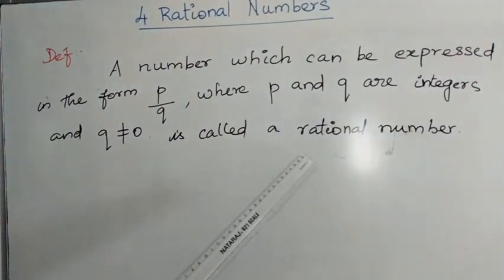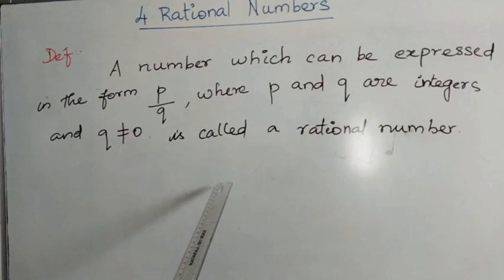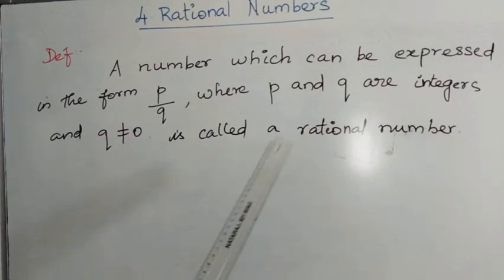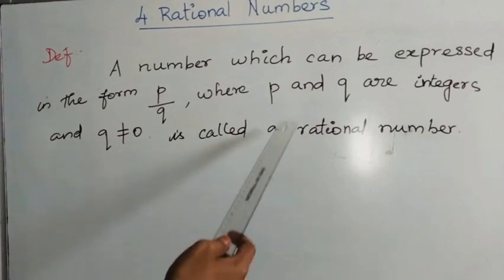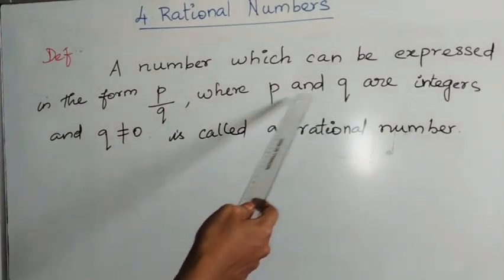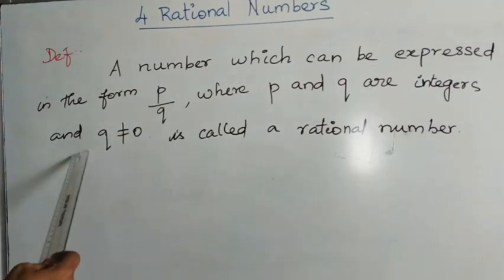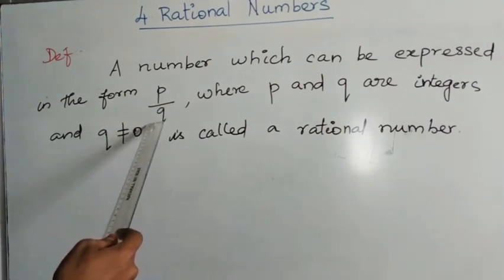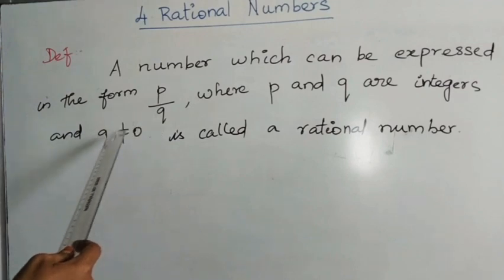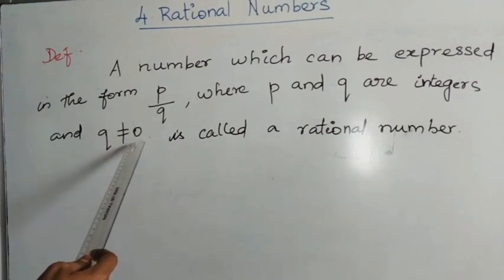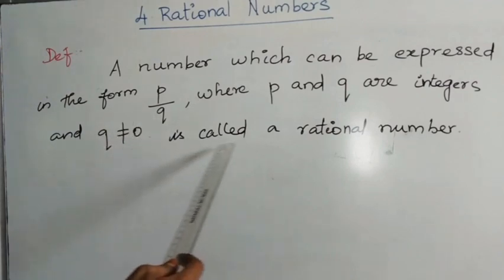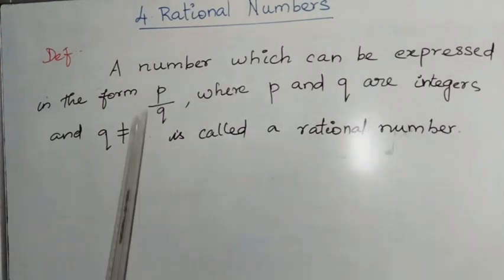What are integers? -2, -1, 0, 1, 2, for example. So the integers P and Q in fraction form, and the condition is the denominator Q is not equal to 0, is called a rational number.